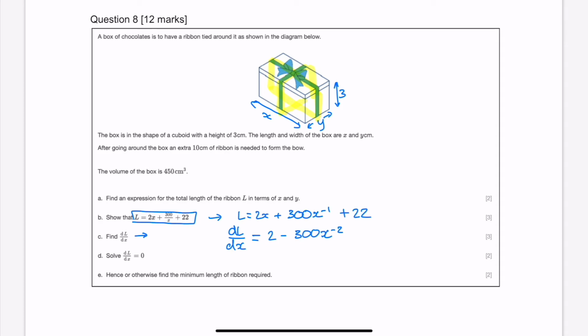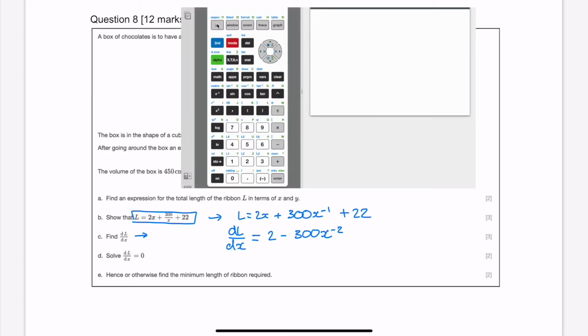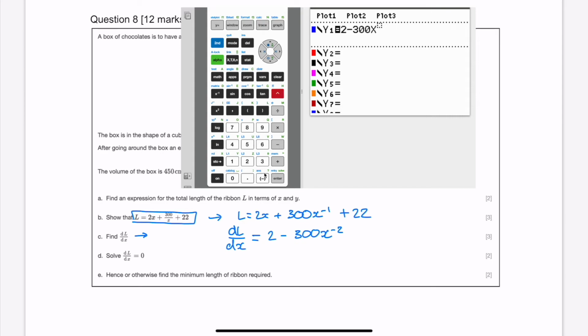And then I'm solving for when that equals 0. So I can just type that into my calculator. So 2 minus 300 x to the power of minus 2.